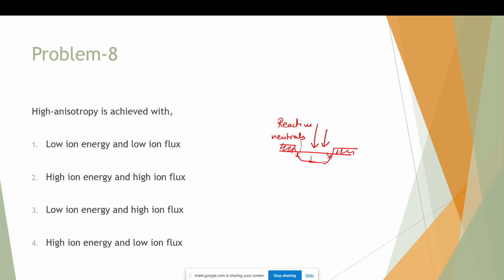So if we have high ion energy in this direction, ions will collide with the vertical surface, and that will give a more directional nature. That will basically promote the reaction with the reactive neutrals. So we should definitely have high ion energy. Now the question is about ion flux. Should we have high ion flux or low ion flux?